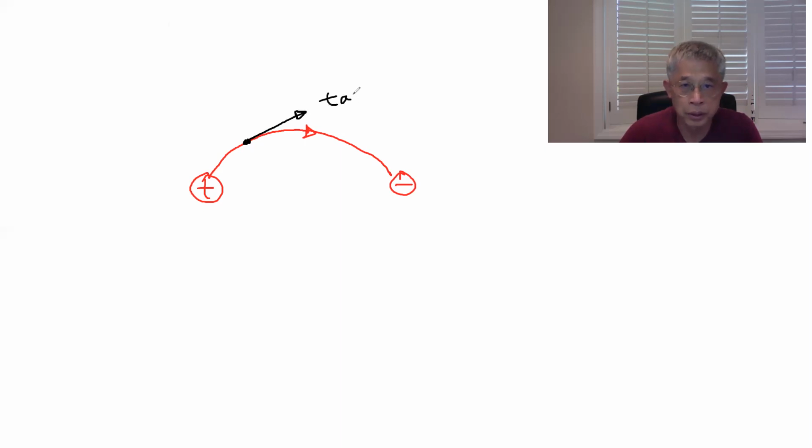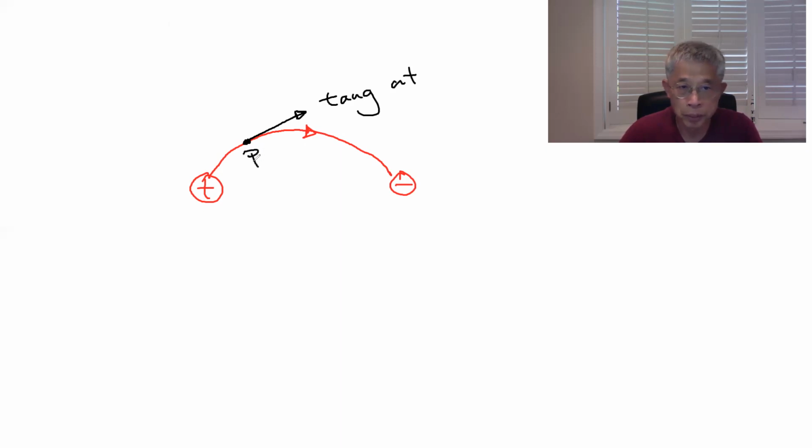So electric field lines, if you have a positive and a negative, when you draw the electric field lines, let's draw one of them, right? So at any single point, let's say this point here, right? The tangent at that point, right? So this is the tangent at P, okay?